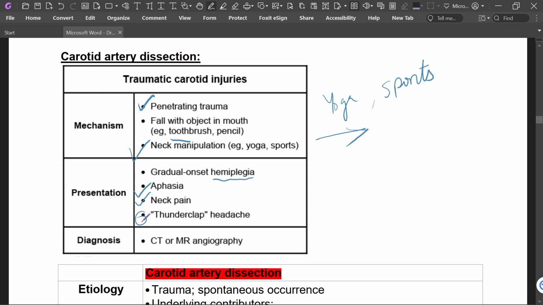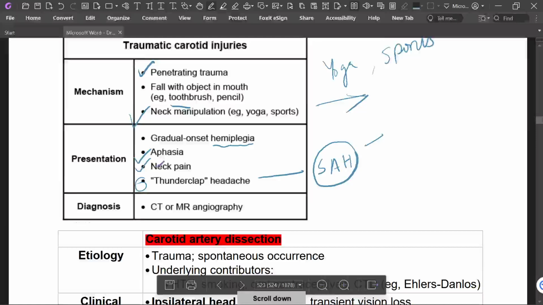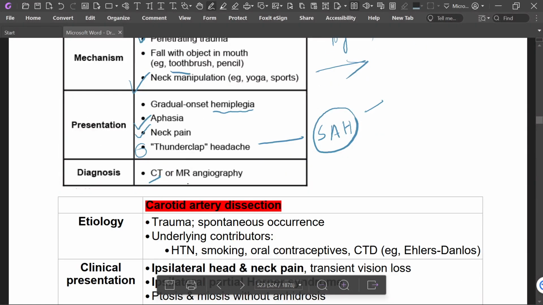Can you tell me where else you can get a thunderclap headache? In subarachnoid hemorrhage, where the CSF is red colored, you may get this thunderclap headache. The diagnosis is done by CT or MR angiography. CT or MR angiography can diagnose this.